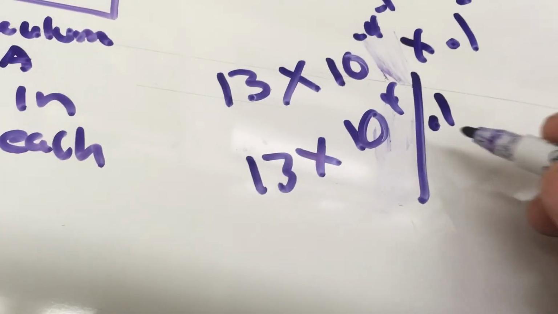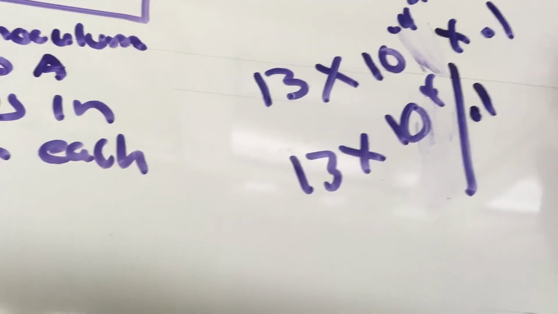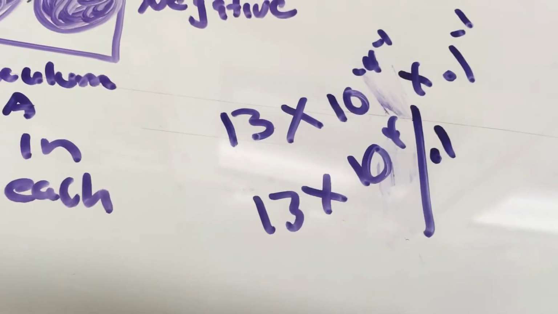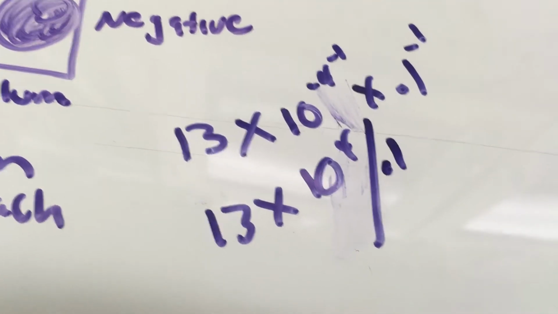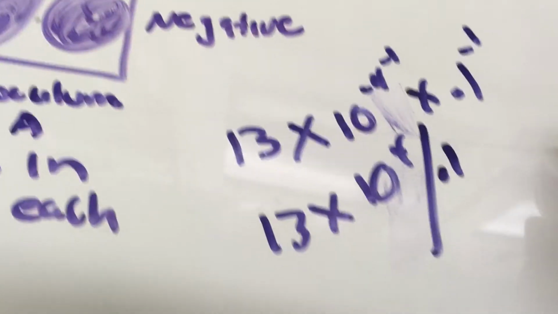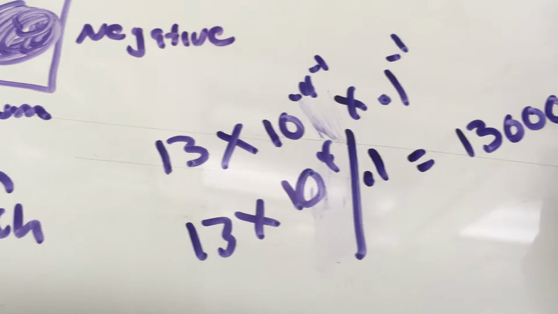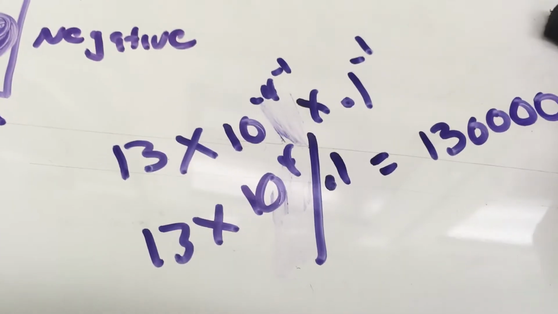And that's why we're dividing by that 0.1. Okay? And so what you have here then is 10,000 times 13, which is 130,000 plaques.